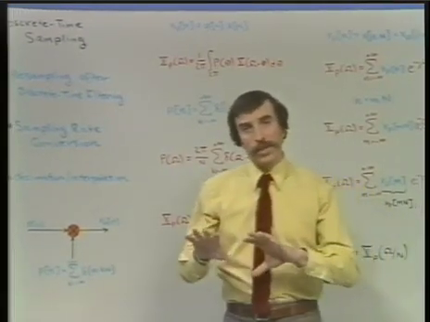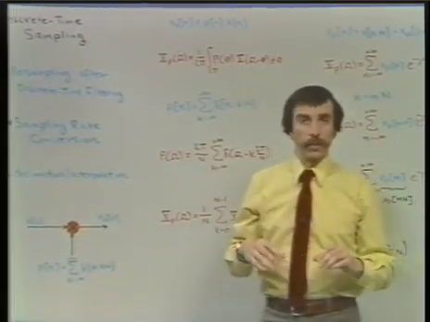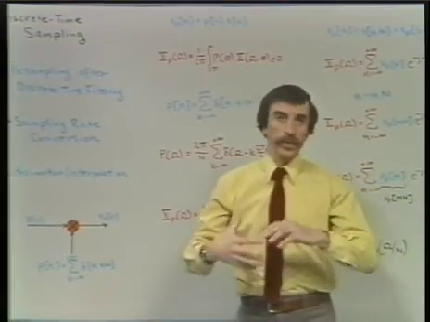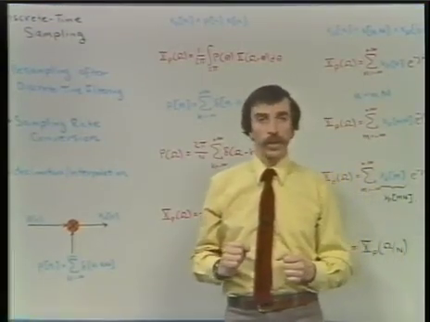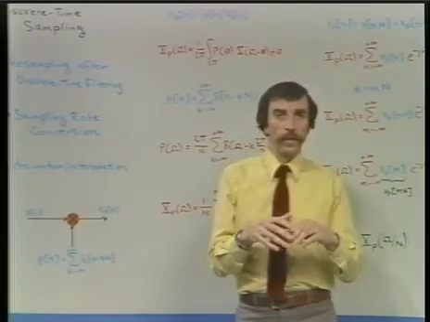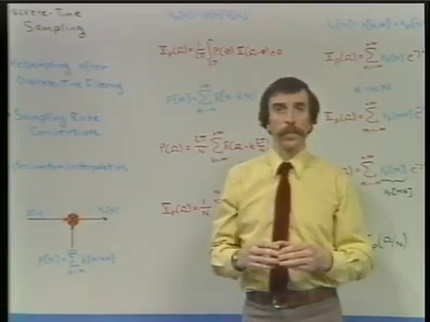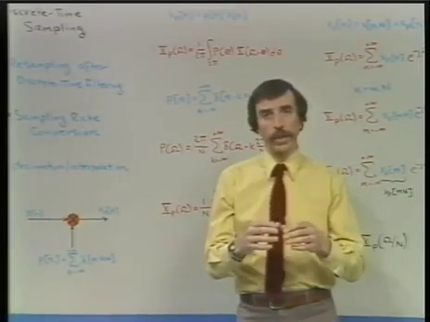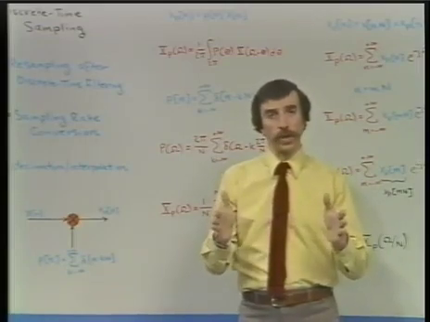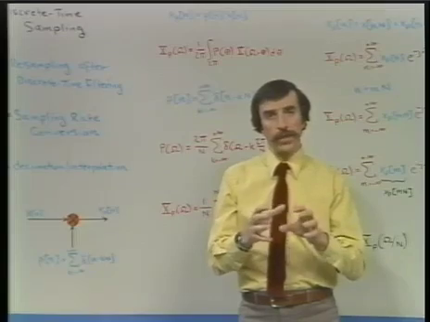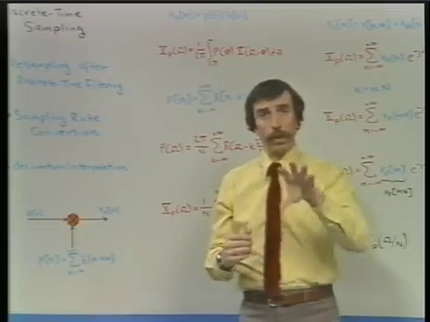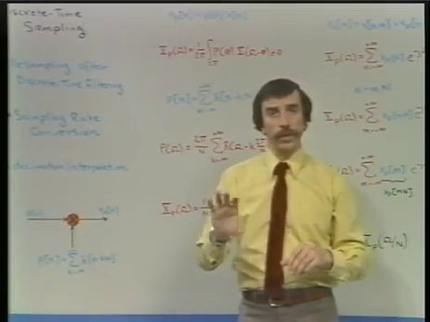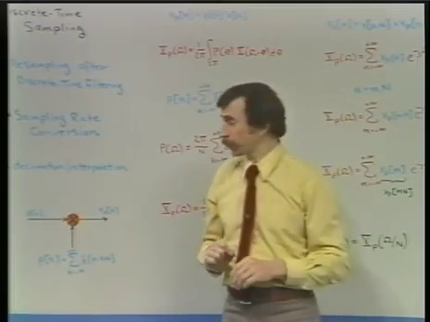Now, the basic process for discrete time sampling is the same as it is for continuous time sampling. Namely, we can analyze it and set it up on the basis of multiplying or modulating a discrete time signal by an impulse train, the impulse train essentially, or pulse train, pulling out sequence values at the times that we want to sample.